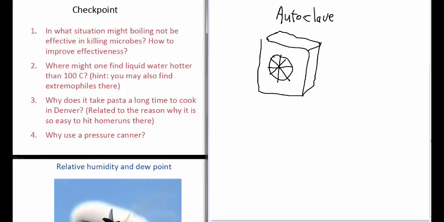And you do not open that thing until it gets cool in there, because if you open it and the pressure and temperature are very high, as soon as you open it and the pressure decreases, that very, very hot water over 100 degrees is going to vaporize, and also the pressure that's built up is going to blast out. So you're going to have a lot of steam forming, and you're going to have a lot of pressure release, and it's just going to blast you with super hot steam.